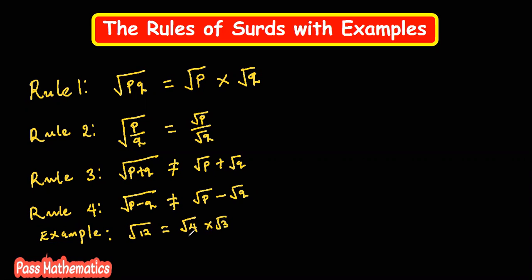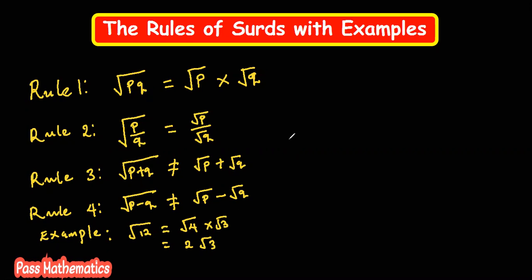This is according to rule number one, which is equal to 2 root 3. See this. So this is going to be the answer. Or you can say root 6 times root 2.